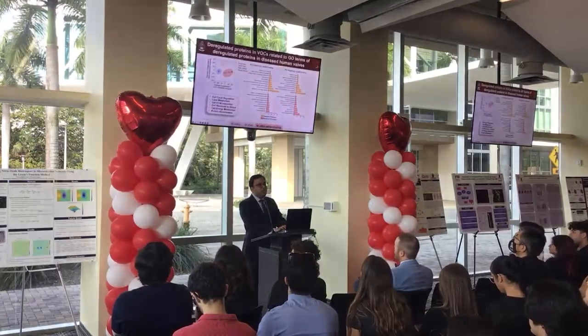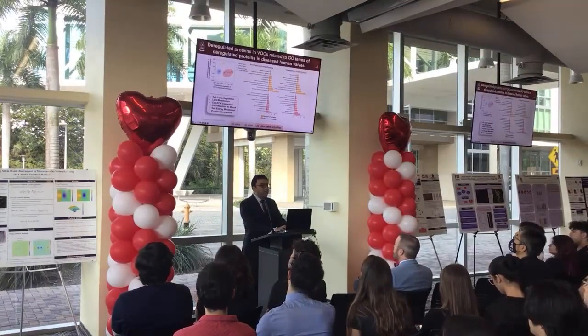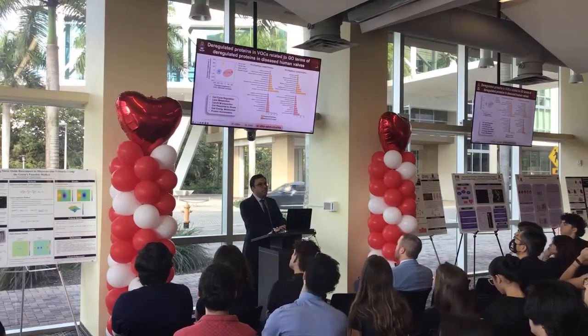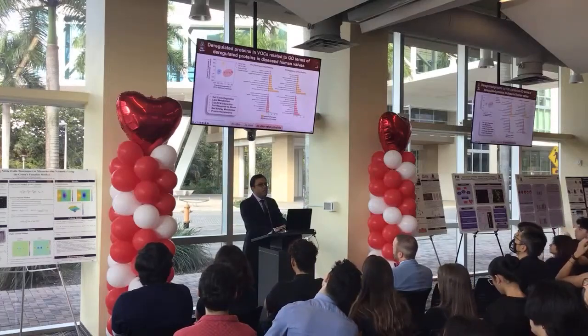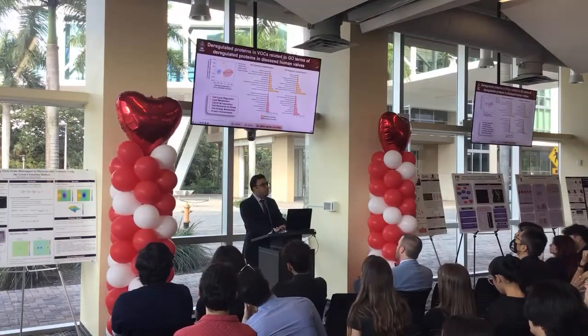So here you have our single calcified valve way out here, and over here we have our healthy valve on chip samples, and then here we have the clustering of our disease valve on chip and a normal or undiseased human valve.